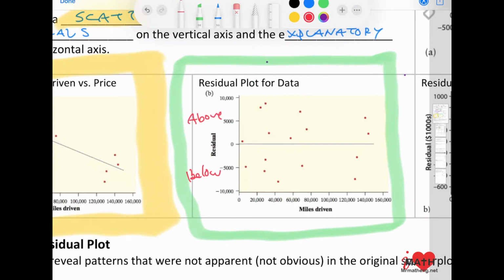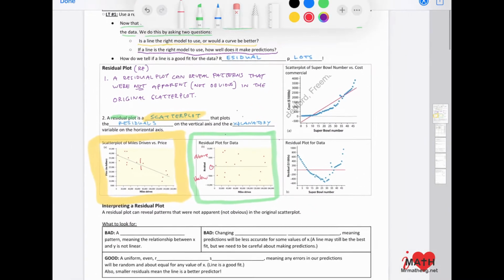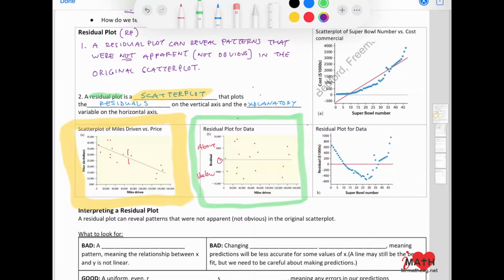If it is 0, then the actual minus predicted is 0, so it's actually right on the line, okay? And I have 2 other examples over here. Here's a scatter plot of Super Bowl number, and then the residual plot is down here. Alright.